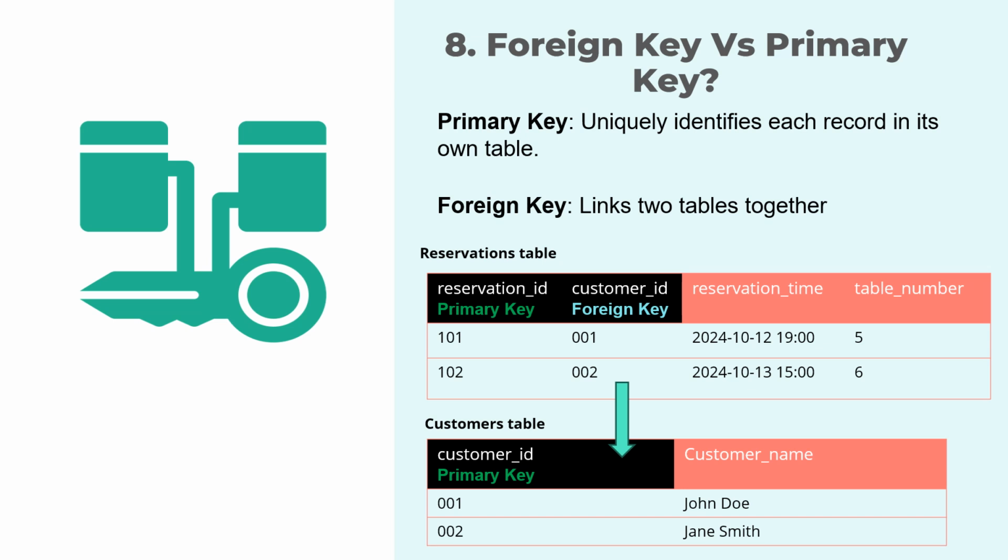So, reservation 101 belongs to customer 001, that is John Doe. The foreign key ensures that all the reservations are tied to valid customers. If someone tries to add a reservation with a customer ID that doesn't exist in the customers table, the database wouldn't allow it.